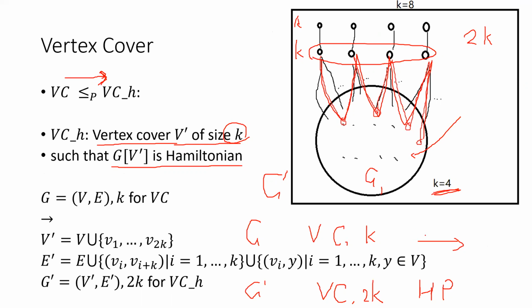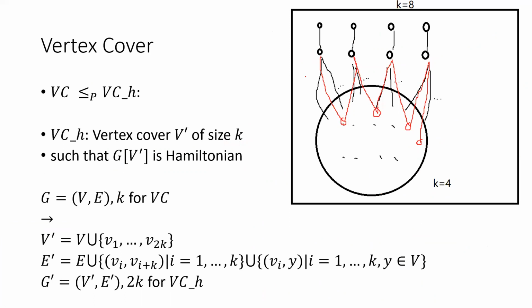And for the opposite direction, if you have a graph G prime and it has a VC of size 2k, and it also has a Hamiltonian path. First of all, because we have this edge here, at least one of these two vertices is included in the vertex cover set.